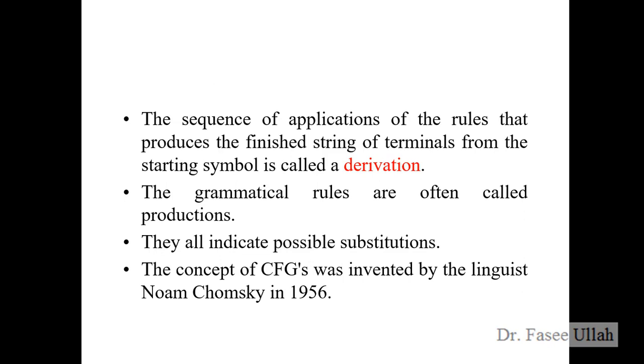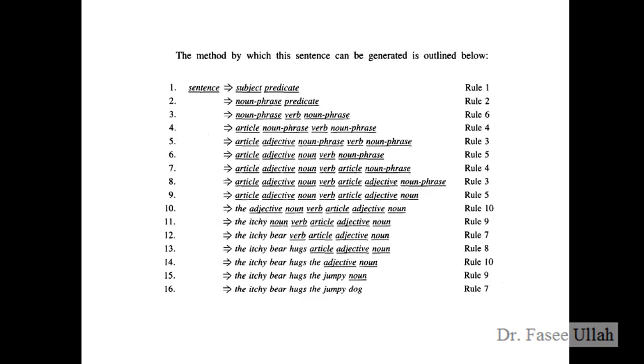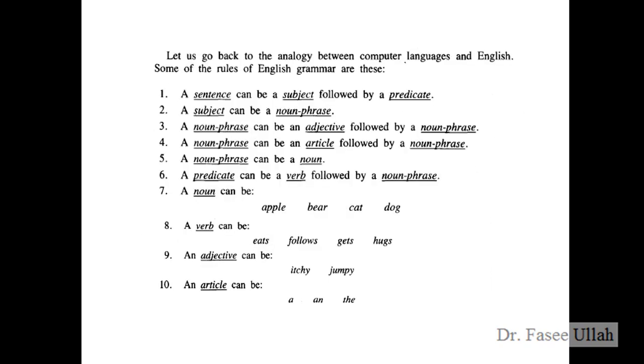The sequence of application of the rules that produces the finished string of terminals from the starting symbol is called derivation. For example, we want to generate some strings, so we have to start with that particular starting symbol. The grammatical rules are often called the productions.